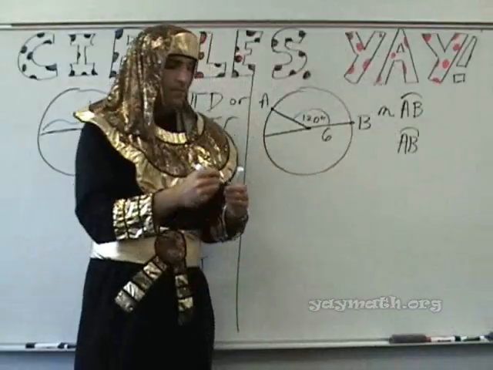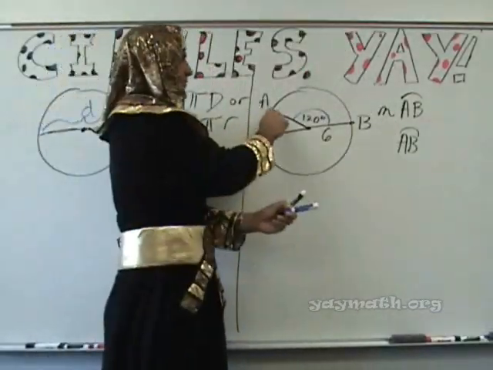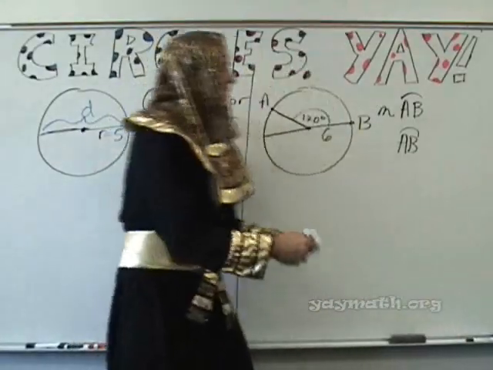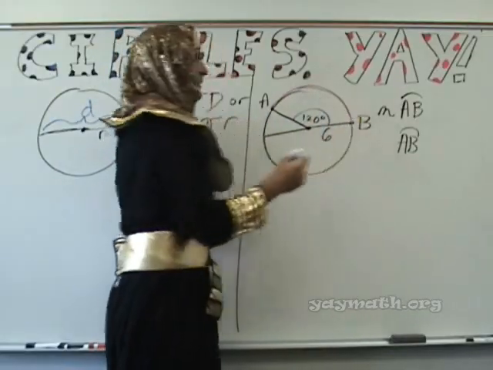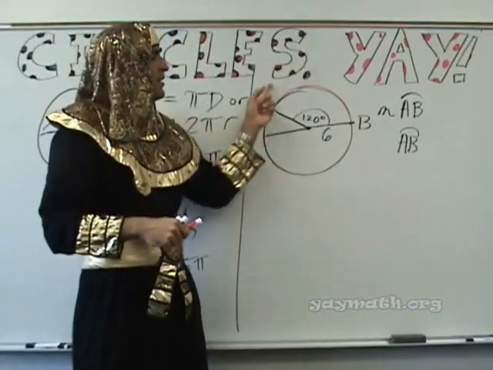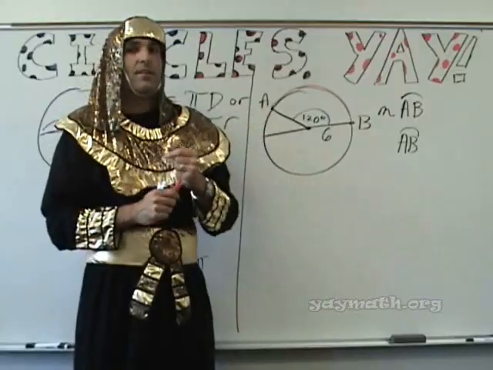The measure of the arc is in degrees from A to B. In other words, the degree measure from here to there. Now you guys already know this. What's the degree measure from A all the way around back to A? 360.